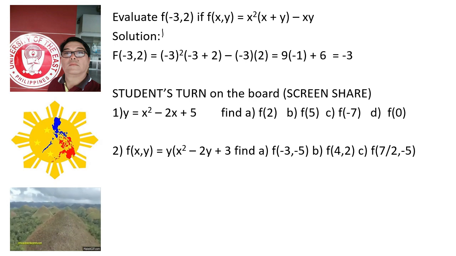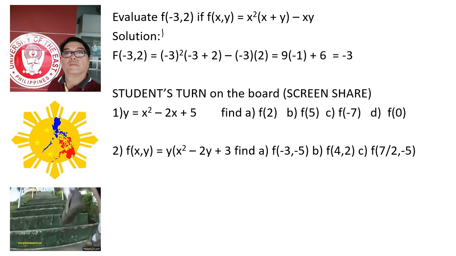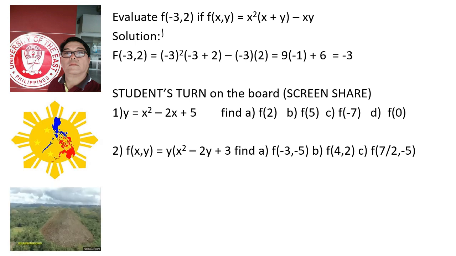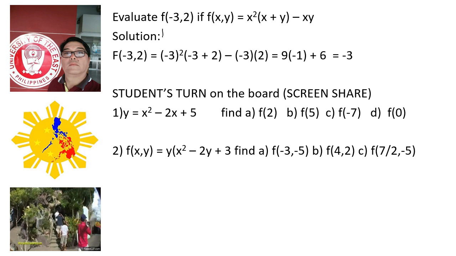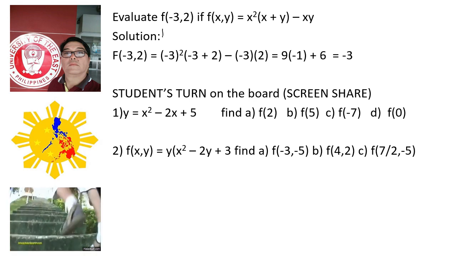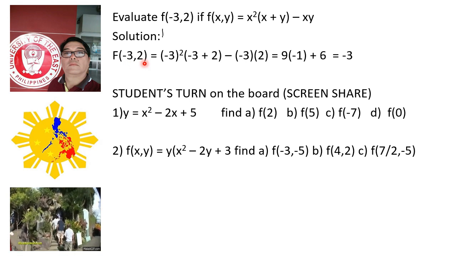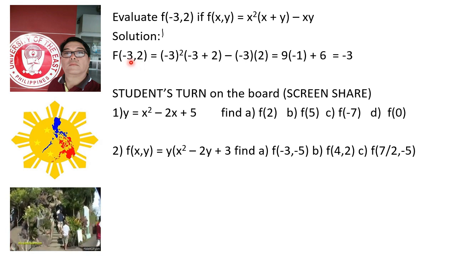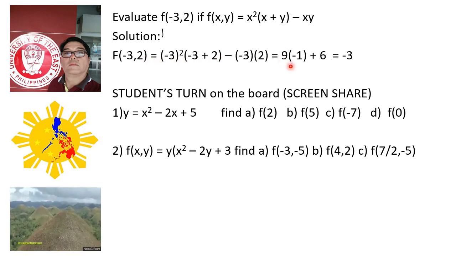We have another example. F of negative 3, comma 2, if f of x, comma y is equal to x squared times the quantity x plus y, close quantity, minus xy. So, solution, ang hinahanap po natin daw dito is f of negative 3, 2. So, isa-substitute po natin yung negative 3 sa lahat ng x at isa-substitute natin yung positive 2 sa lahat ng y.